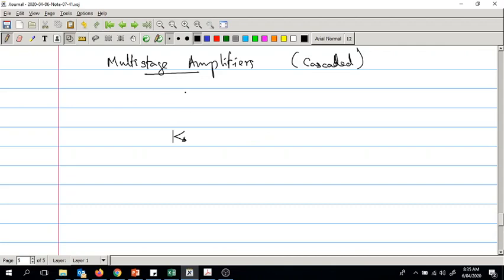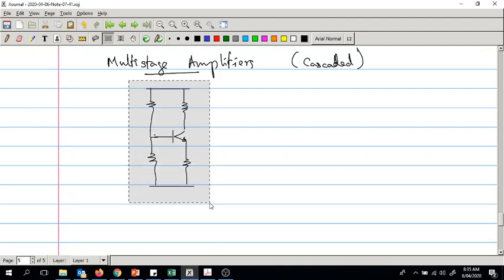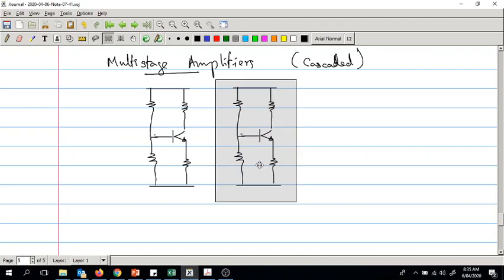We have the collector resistor here, emitter resistor here. That's the circuit that you have, right? And if I duplicate this, I'm going to have two of those.